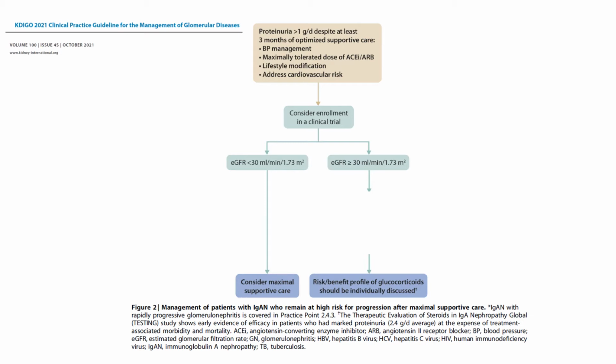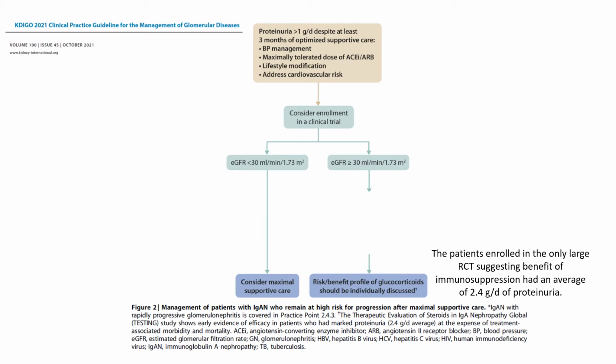If the GFR is more than 30 ml per minute, you have to consider with your patient the risk and benefit of the use of glucocorticoids, to use or not to use. There is an important point here: patients enrolled in one large randomized controlled trial suggesting benefit of immunosuppression only or mainly in patients with an average of 2.4 gram per day of proteinuria.